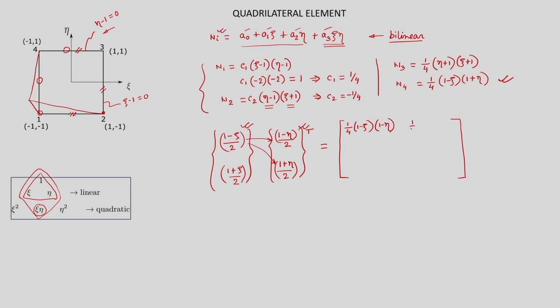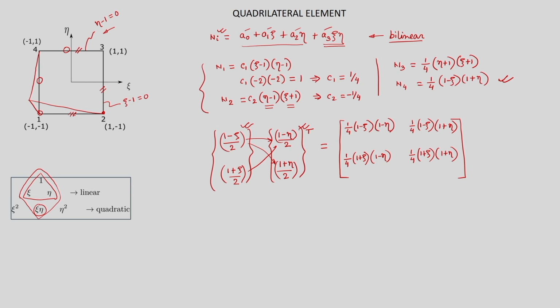Similarly, the second one will be 1 by 4 (1 minus xi) times (1 plus eta), and this will be 1 by 4 (1 plus xi) times (1 minus eta), and the last one will be (1 plus xi) times (1 plus eta).